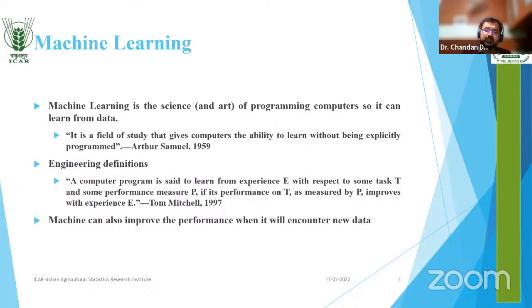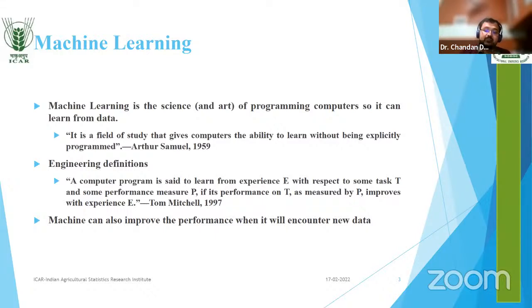Another very well accepted definition of machine learning was given by Tom Mitchell. I quote: a computer program is said to learn from experience E with respect to some task T and some performance measure P, if its performance on T, as measured by P, improves with experience E, unquote.